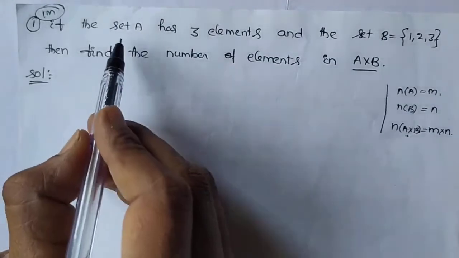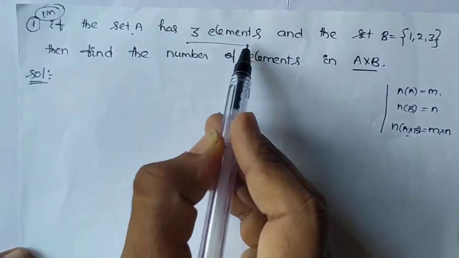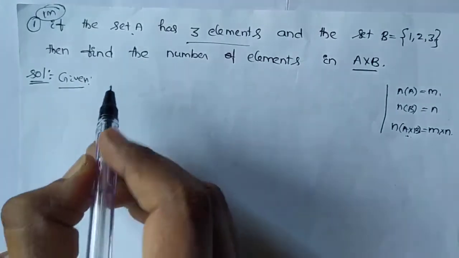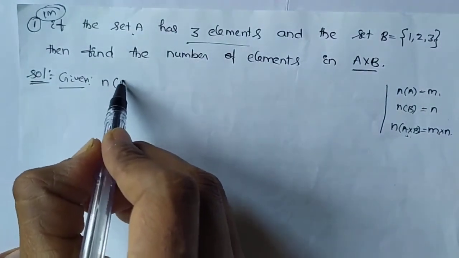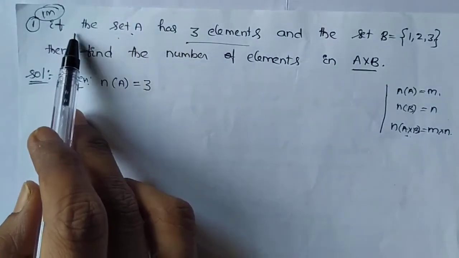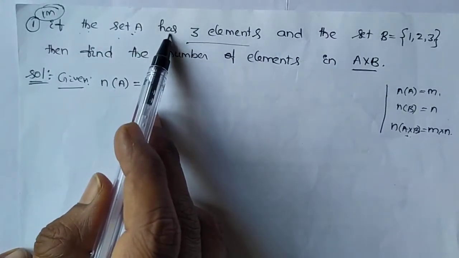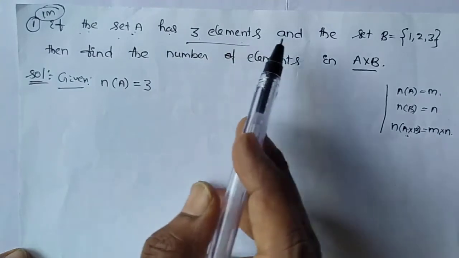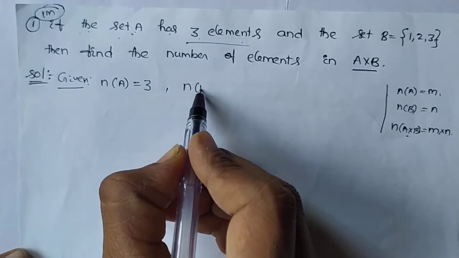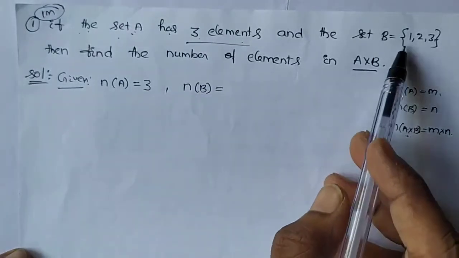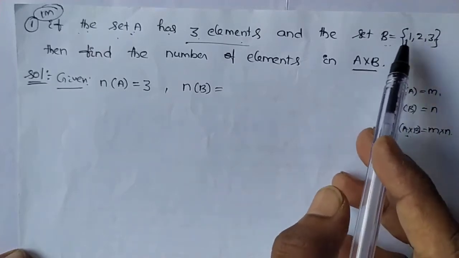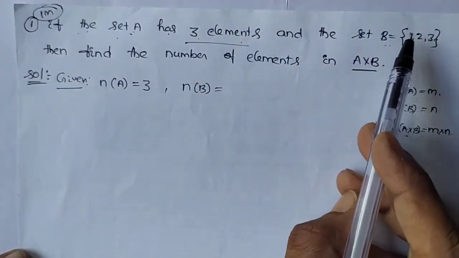Here, if the set A has 3 elements, that is given. Number of elements in the set A is 3. Next, the set B. He didn't mention the number of elements in the set B, he mentioned the whole set B. How many elements are there in this set?